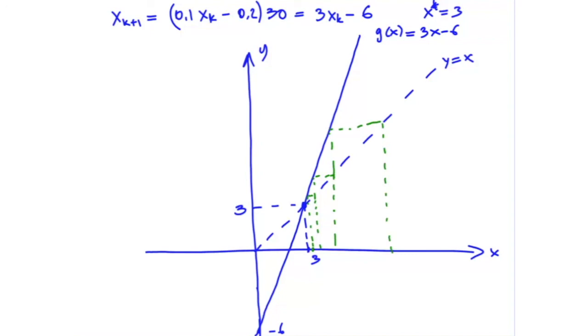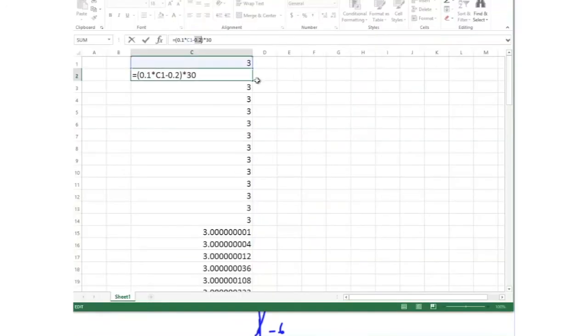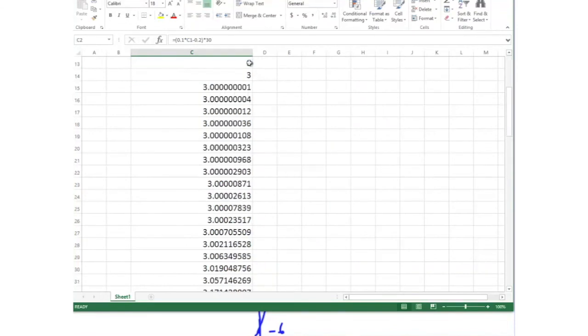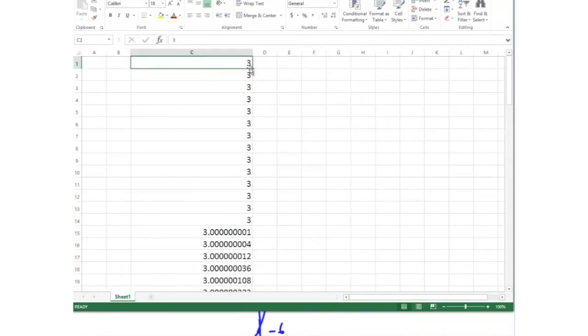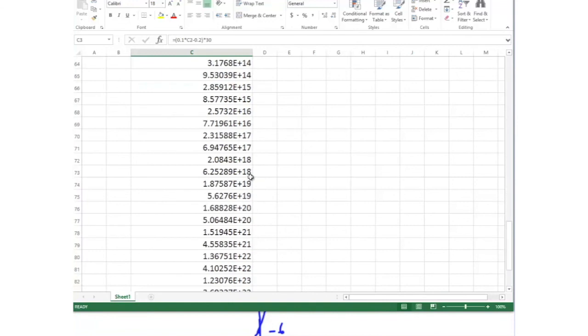All right. And the reason for this is because the derivative of g of x is 3 here, and it is greater than 1. So here we have a round-off error coupled with the divergent method. It leads us to some serious problems. Even a very, very simple fixed point iteration where we have the integer fixed point, and only deal with simple decimals, we start having problems, all right?